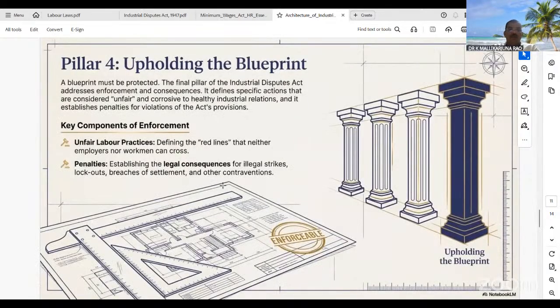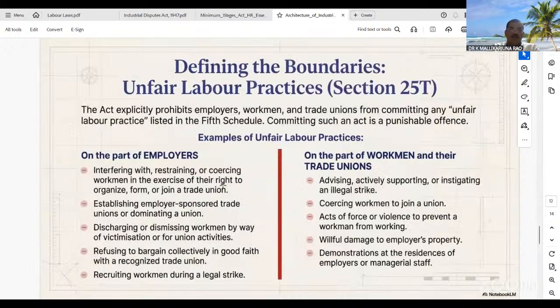So the last one is upholding the blueprint. Here, unfair labor practices are kept within the red lines, and both employer and employee are taken care of. There are legal consequences. But from your examination point of view, you should understand the mechanism for redressal of industrial disputes.